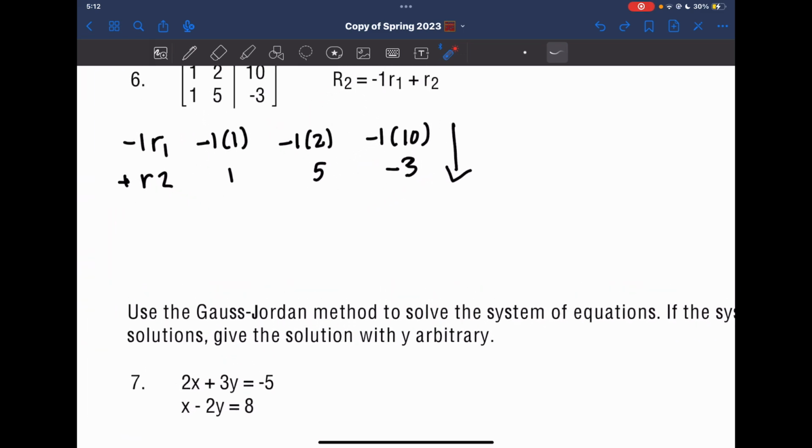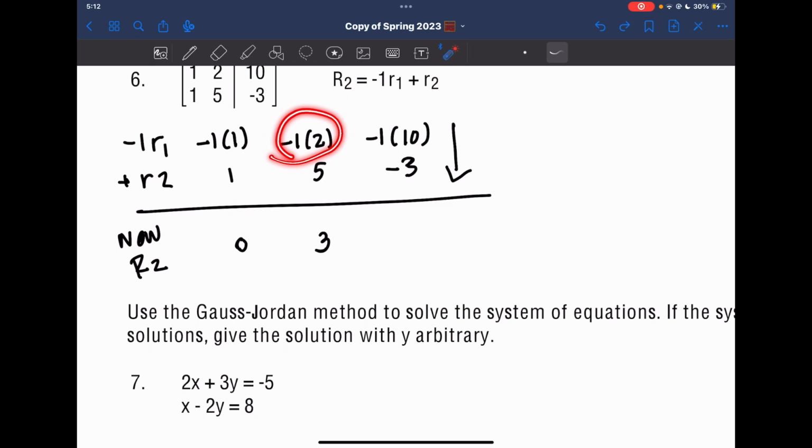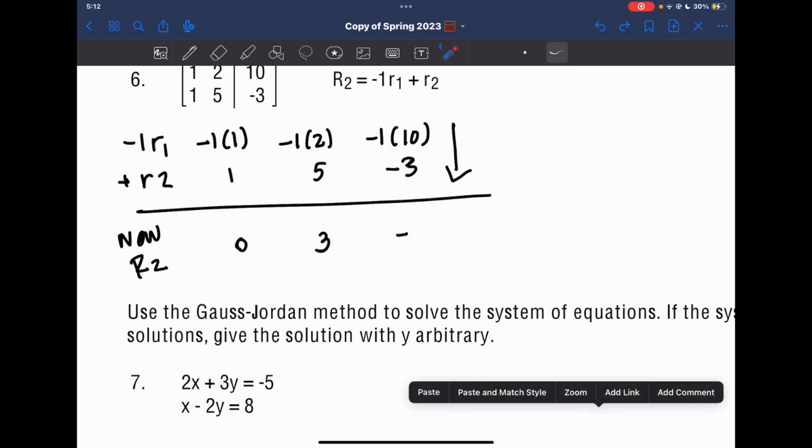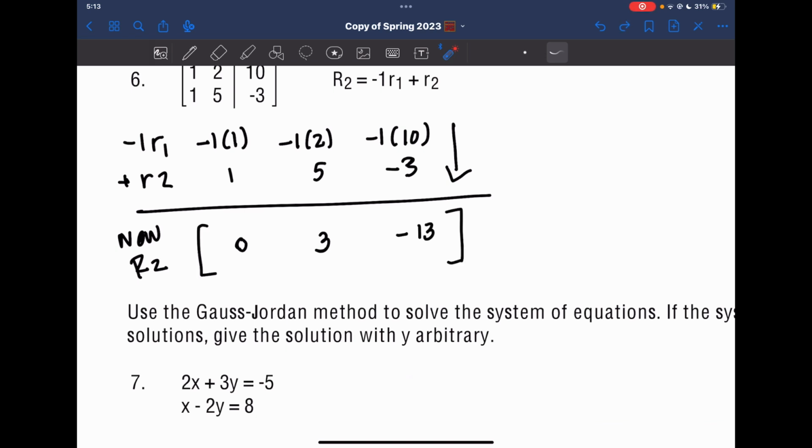So altogether, -1 plus 1 is 0. Then -1 times 2 is -2, plus 5 is 3. And then -1 times 10 is -10, minus 3 is -13.